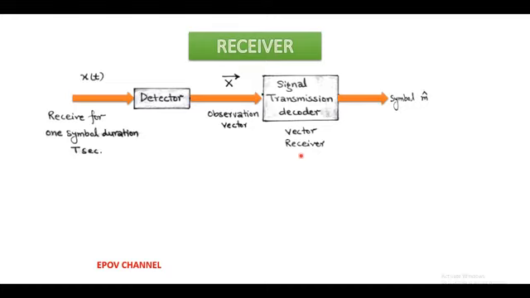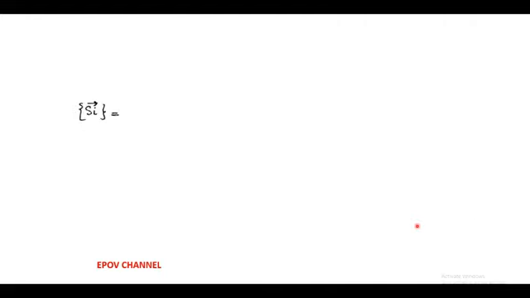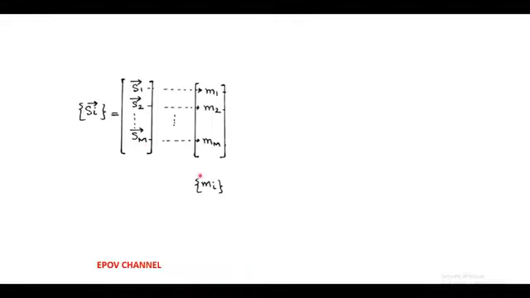So this combination at the receiver makes a decision and computes the estimated symbol M cap, corresponding to the symbol which was transmitted. The decision at the receiver is totally based on the a priori probability of the signal vector sequence Si vector, as this signal vector consists of the sequence S1 vector, S2 vector up to SM vector, corresponding to the individual message symbols M1, M2 up to MM respectively.